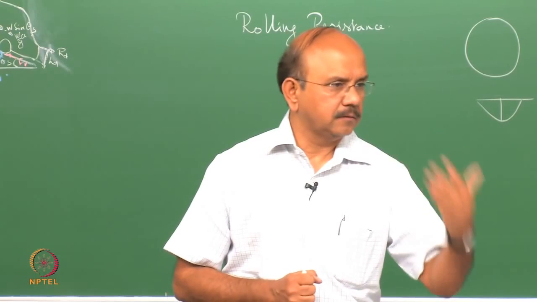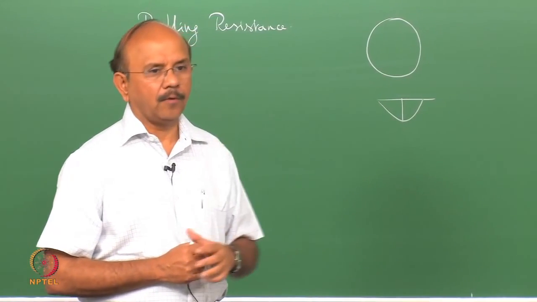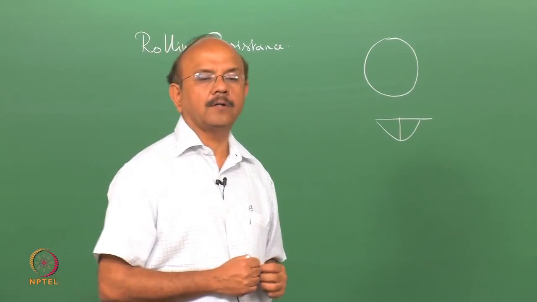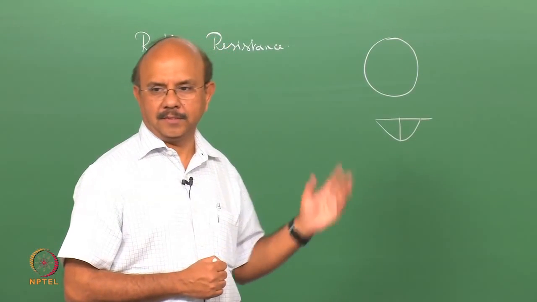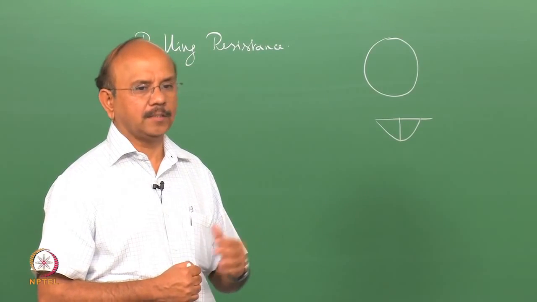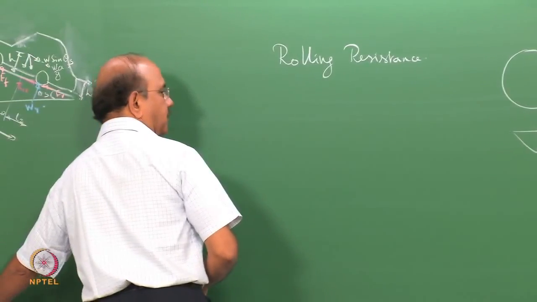When it is rolling, and we follow a tread block, the pressure distribution due to a tread block will not be symmetric, because the loading and the unloading curves of a viscoelastic material are different, and so it has to be unsymmetric.